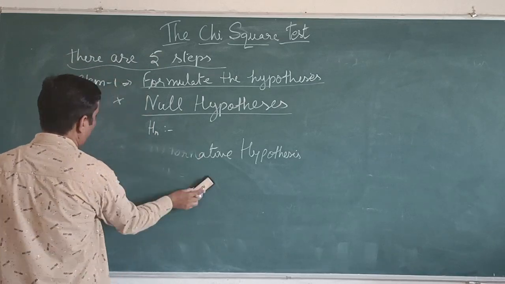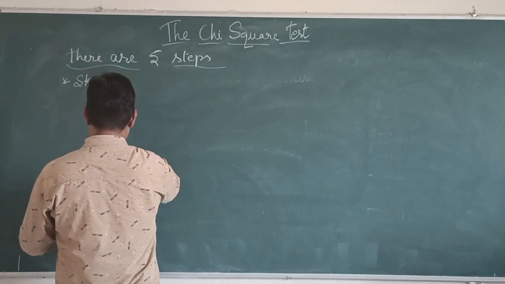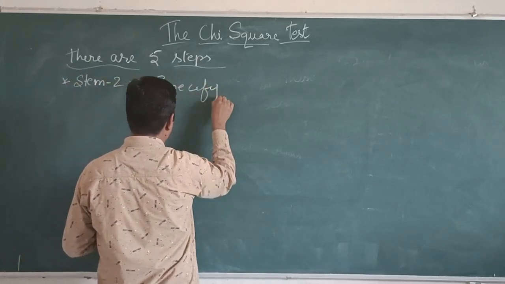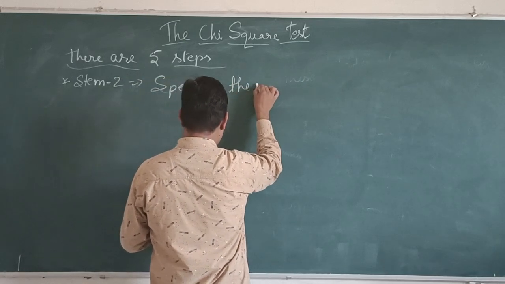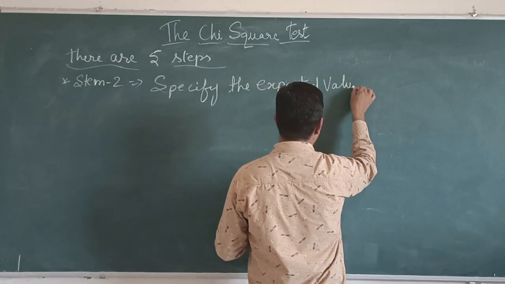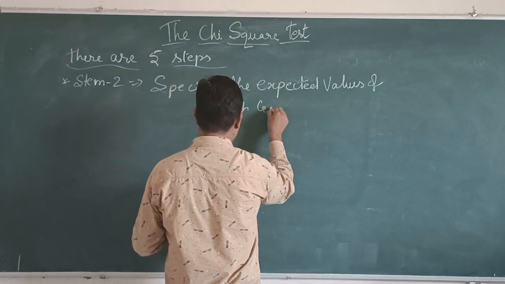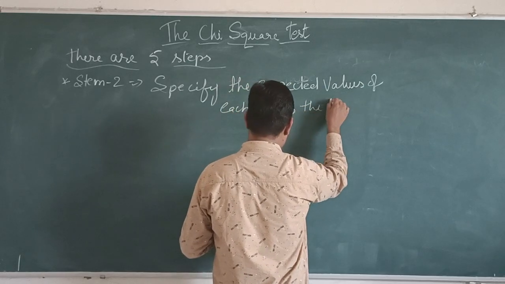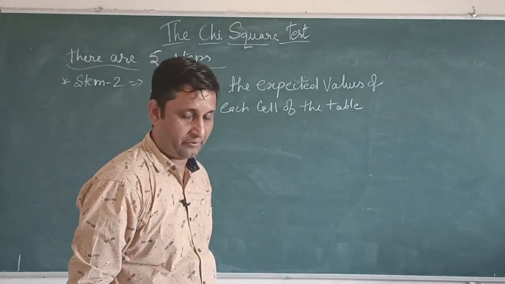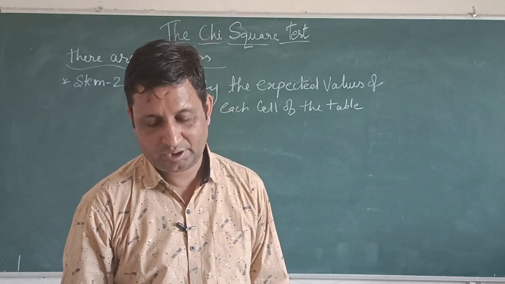Next, we will go to step number 2, which is to specify the expected values of each cell of the table when the null hypothesis is true.